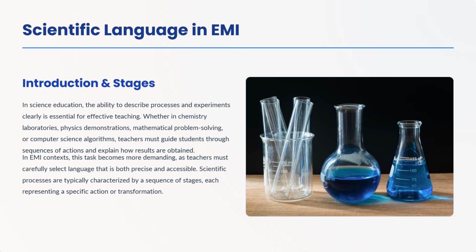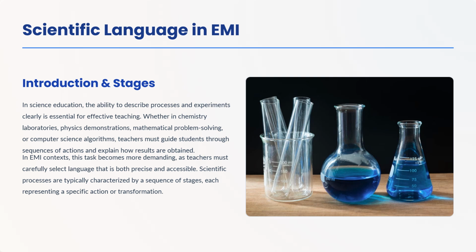One of the main linguistic features of process description is the use of passive structure, that is to say, the passive voice. In scientific discourse, the focus is often placed on the process itself rather than the person performing it. That is to say, it doesn't matter who did the process. What matters is the result of that process.